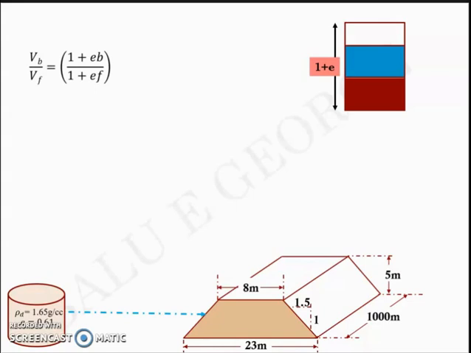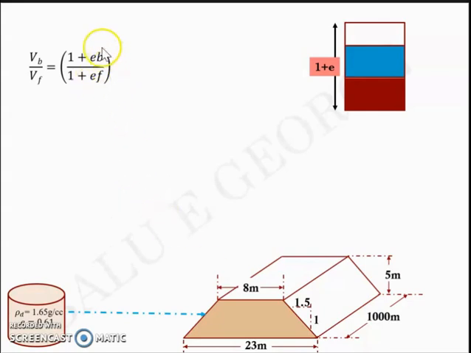VB by VF, volume of borrow pit soil by volume of fill, is equal to 1 plus EB by 1 plus EF, or the ratio of the volumes is equal to the ratio of 1 plus e terms, where EB is the void ratio of the borrow pit, EF is the void ratio of the soil in the fill. Now EB is known to us, EF we have calculated, VF we know, right?